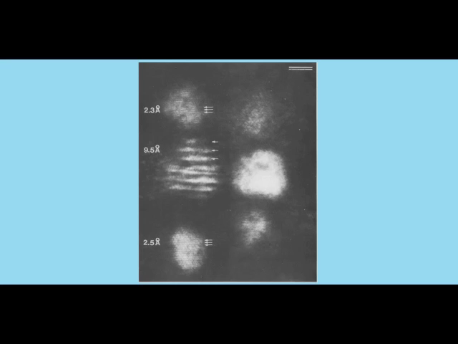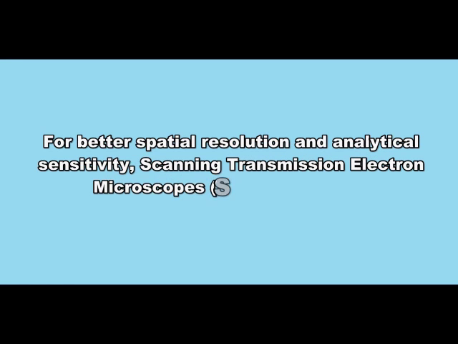And later people tried to find other techniques to image ferritins, to get better spatial resolution and analytical sensitivity. So they went with the scanning electron microscope, as we see here in this slide.